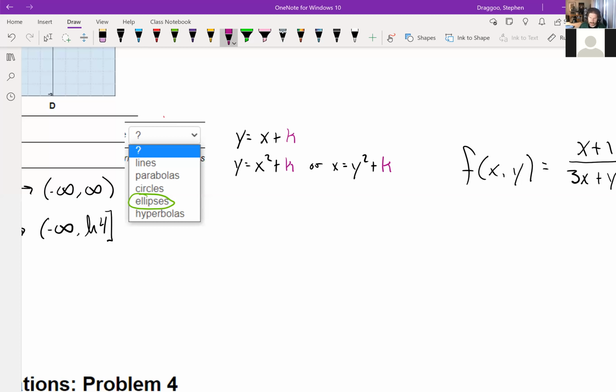Circles would be an ellipse just without coefficients on x squared or y squared. And hyperbolas are going to look something probably like 1 over x plus k, or maybe y equals k over x.